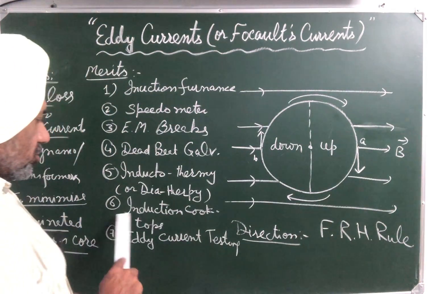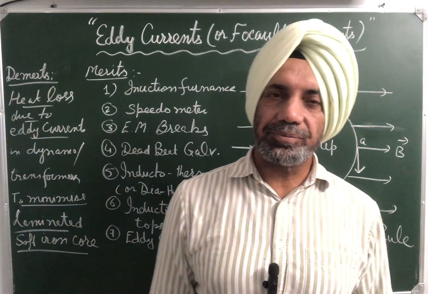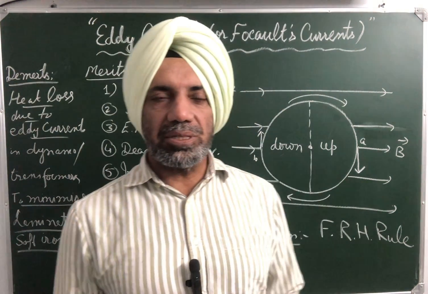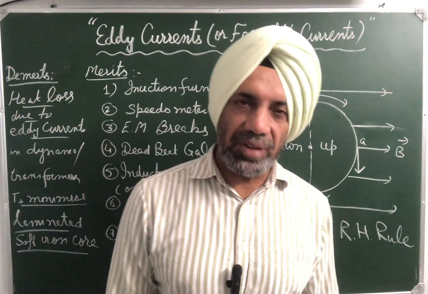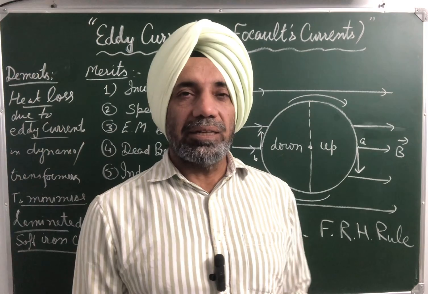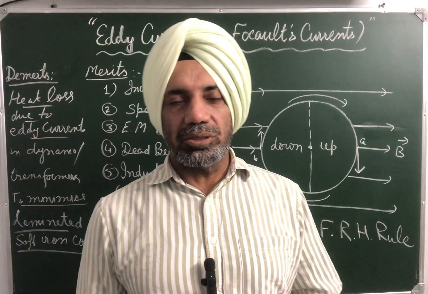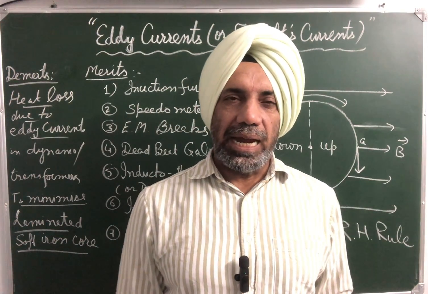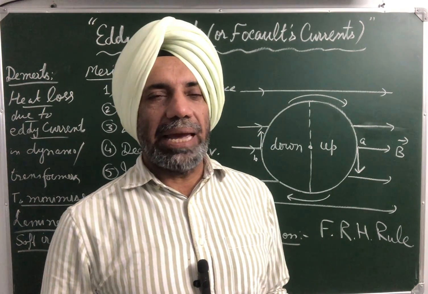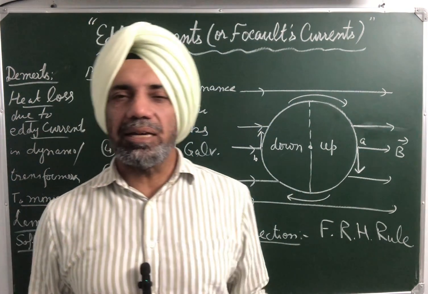Eddy currents are used in induction cooktops. An induction cooktop is covered with a glass surface, and below the glass surface there is a coil carrying current. When the current is switched on, the coil produces a magnetic field, and when we put a pan on the glass top, it produces eddy currents in the pan.